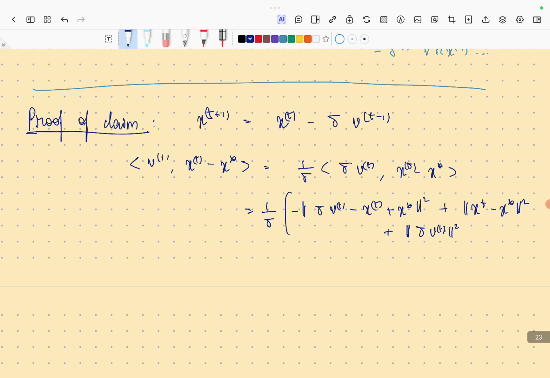I'm just using the fact that, okay, there should be a 1 by 2 over here. Basically, a times b is equal to a squared plus b squared minus a minus b the whole squared. That's all.